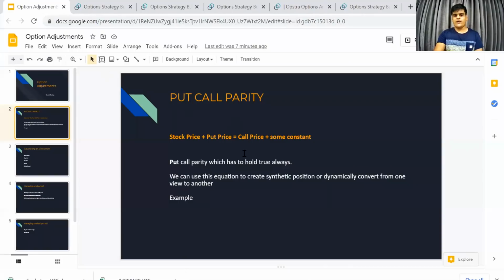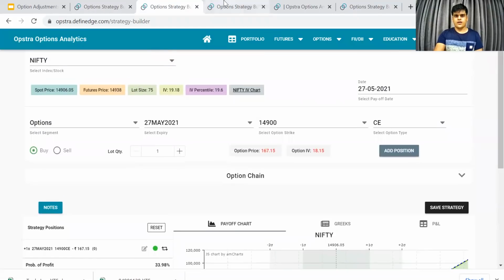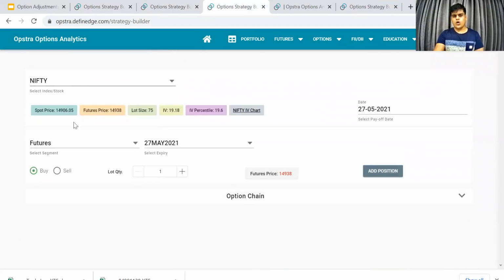So if I ask you, I want the payoff of a long future, what will you do? A long future is equal to, I'll take this put price on the other side, so basically call minus put. Remember it like this: S plus P is equal to C, stock price plus put is equal to call.